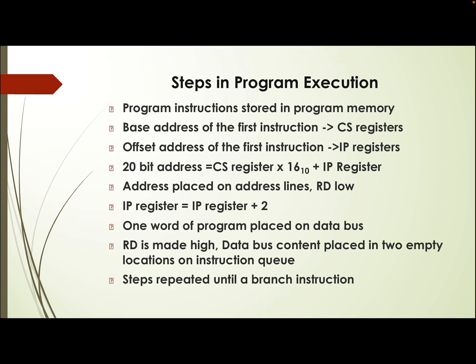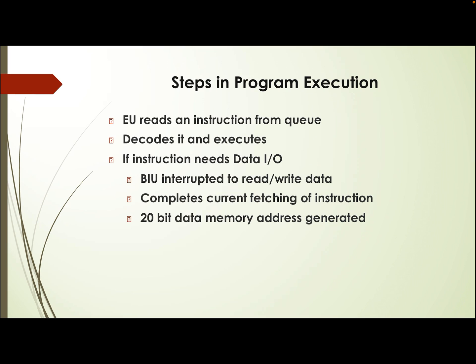So the currently accessed data is inserted into the free locations of the instruction queue. These steps are repeated until a branching instruction is executed. So these are the steps for continuously taking instructions into the processor.